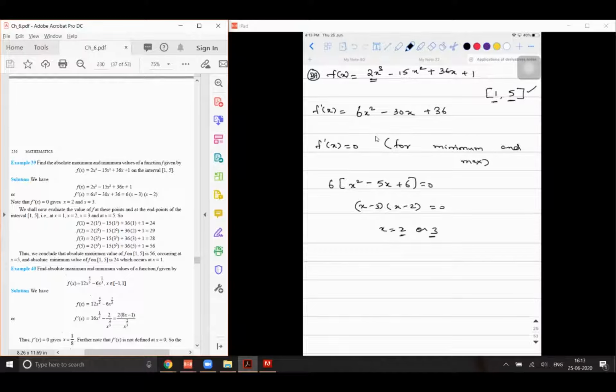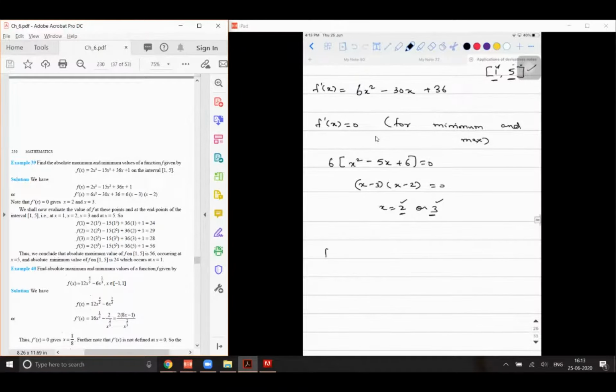Had it been an open interval, you will do the second derivative test. So one small change that happens when you have a closed interval is you need to check all the function values at all the stationary points. Means at 2 and 3 you need to check. Also you need to check the function value at x is equal to 1 and x is equal to 5 because they are also included in the domain.